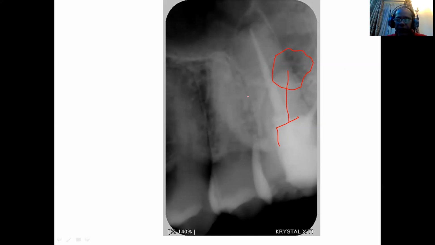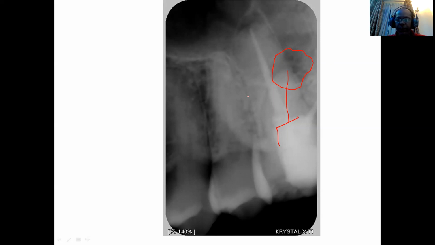What I suspected is that the MB2 canal is actually the cause of this root canal failure, especially given this radiolucency involving the mesial root. So my suspicion was that it is the missing MB2 canal. The diagnosis was symptomatic apical periodontitis, failed root canal, due to the MB2. That was my initial opinion and decision.